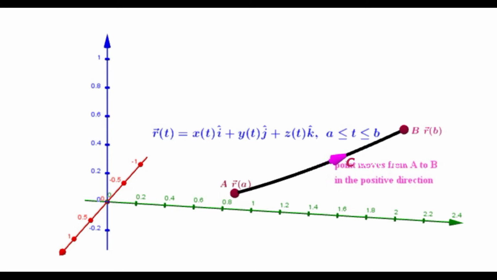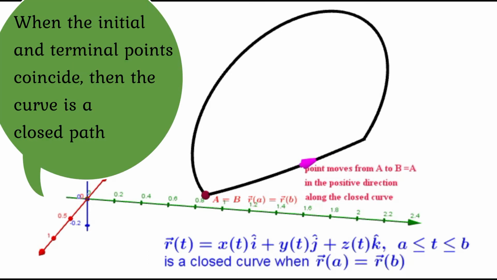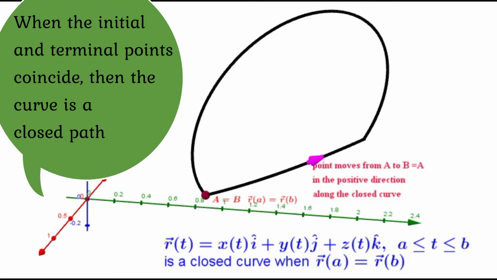That is, the direction from A to B in which t increases is called the positive direction on C. We can indicate the direction by an arrow as shown in the video. Sometimes the initial point and the terminal point A and B may coincide. In that case, we call the path of integration a closed path.